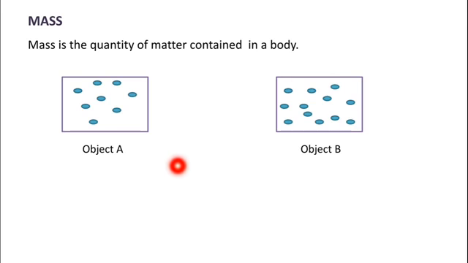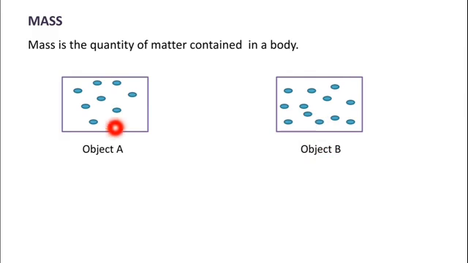Here we have object A and object B. If you carefully observe these two objects, then you can see the dimension of the two objects is the same. But first, let us count the contents present in these two objects.